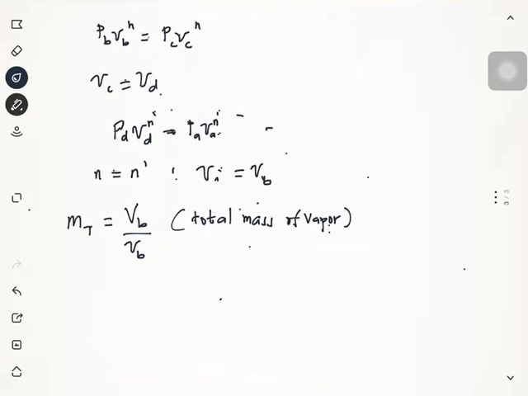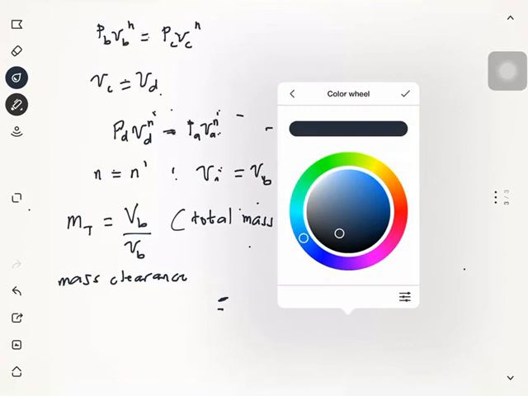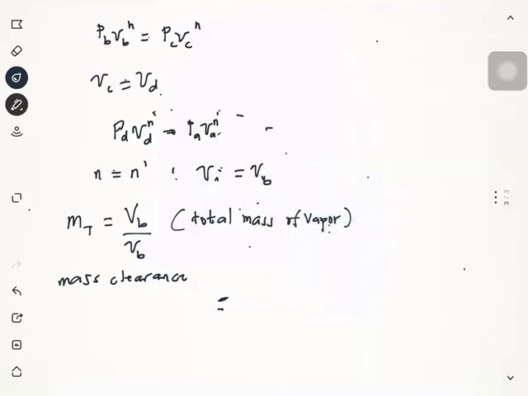And the mass clearance of vapor is VA prime. No, this is the mass clearance, this is VA over V, VA prime.